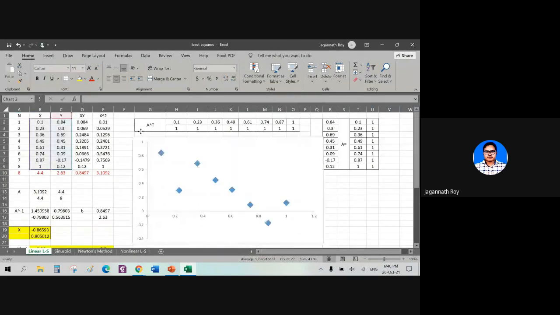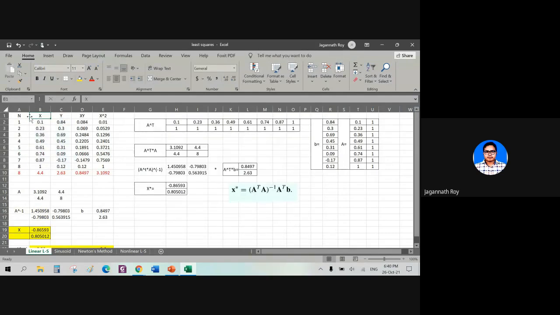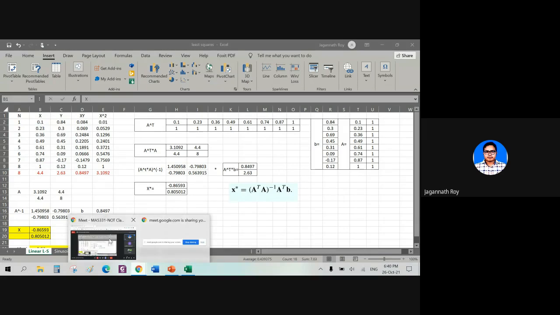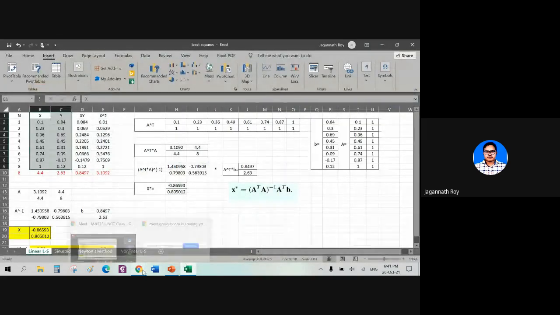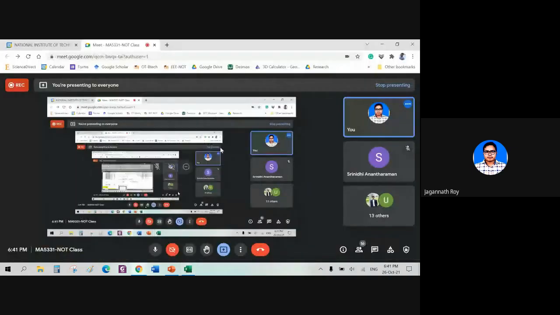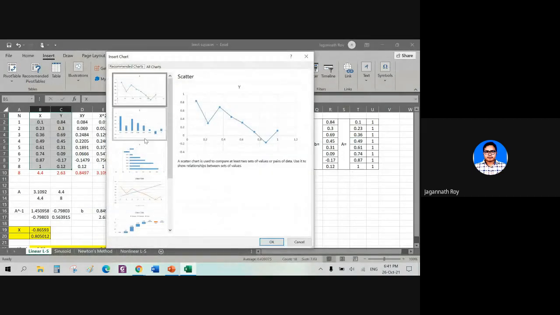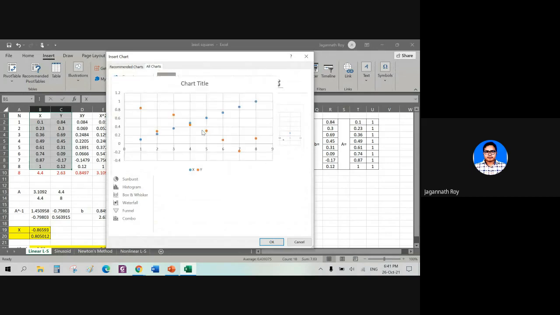So this is one kind of the data that we have discussed. First of all, we have to plot it, for example, in a discrete scatter plot.